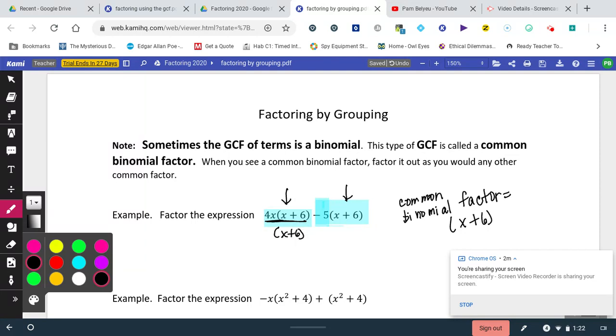And I'm going to divide here by x plus 6. Well, if you notice, these cancel each other out. And all you're left with is 4x. And then if you notice here, these cancel each other out. And all you're left with is minus 5. This is your remainder.